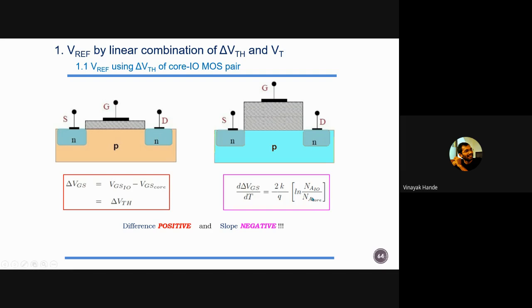It is true that NA,IO is smaller than NA of the core or nominal VT transistor, so it satisfies our requirement. I wanted to design a process independent CTAT voltage, so I have taken two transistors. Delta VGS is positive and d(delta VGS)/dT is negative, so we are ready to generate a CTAT voltage.